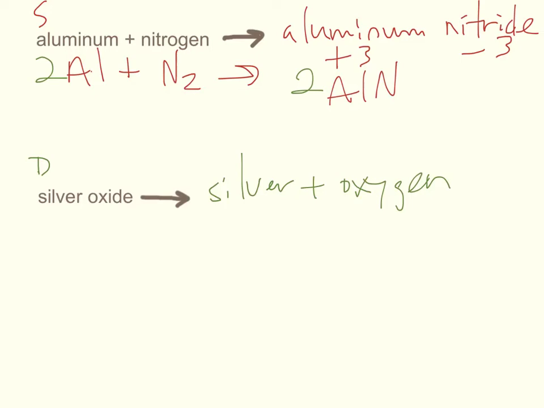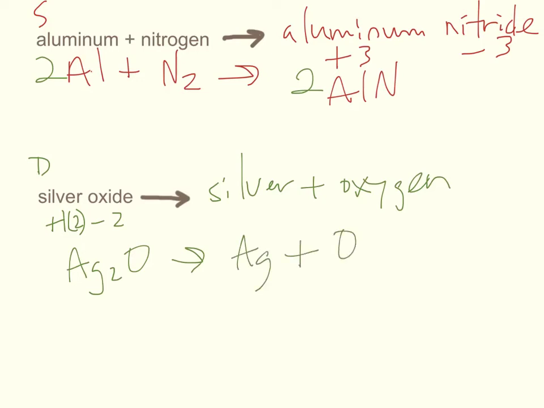Again, silver oxide, this is a compound. We can check our charges. Silver is a +1. Oxygen is a -2, so that means I need 2 silvers. So I'm going to have Ag2O. And then, of course, that's going to give me silver plus oxygen. Oxygen is a Brinkelhoff, don't forget, so you've got to put the 2 there.